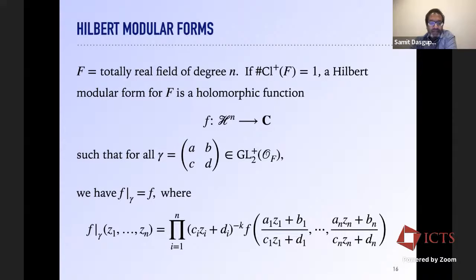The slash action on such functions in weight k is: you do your linear transformation in each variable. So what is (A_i, B_i, C_i, D_i)? Well, there are n embeddings of F into the real numbers.